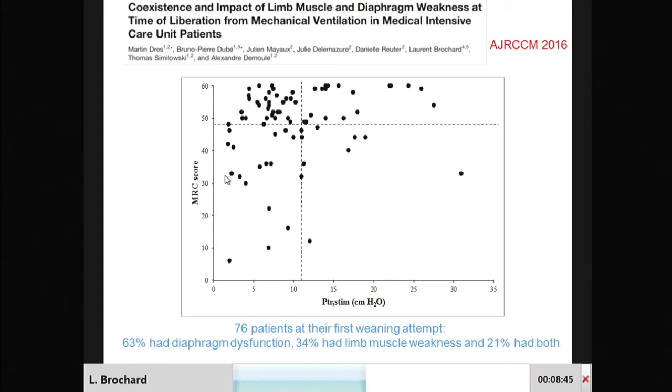Some patients have a low MRC score and a low twitch pressure, but you have many more patients who have a normal MRC score but still have diaphragm dysfunction. So the answer is clear. No, it is not the same disease. There is some overlap, but it's an independent mechanism. And it's probably, we don't know here, frequently related to mechanical ventilation.